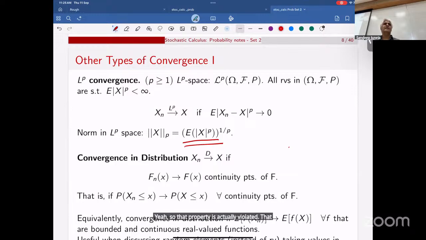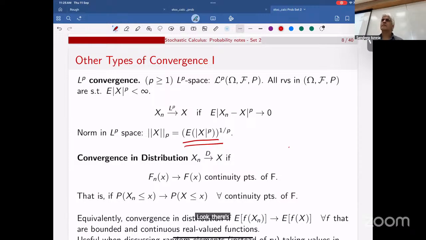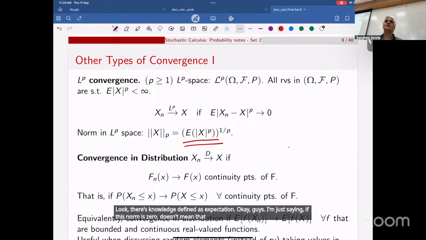The pth norm of X is 0 if and only if X is 0 almost surely. It need not be 0 everywhere, because expectations only depend on the positive measure sets. What you do on a zero measure set is your business. I'm just saying that if this norm is 0, it doesn't mean the random variable is 0.